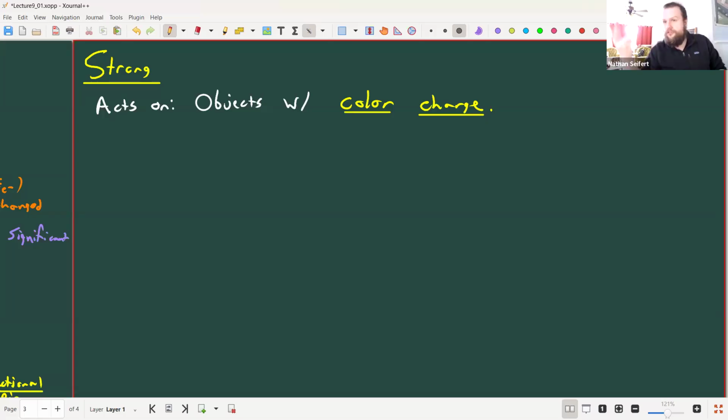There's 2 choices for charge, plus and minus. Of course, they could be +1, -1, but you know that those correspond to changes of 1 electron. Electron only gives 1 charge, so it's either plus or minus. Color, there's 3 different options. So there's 6 charges, 6 colors, as we say.